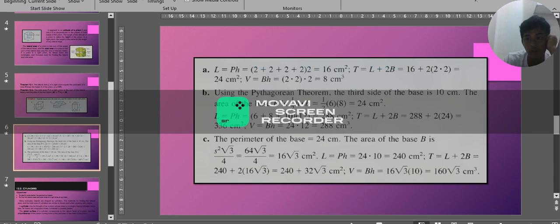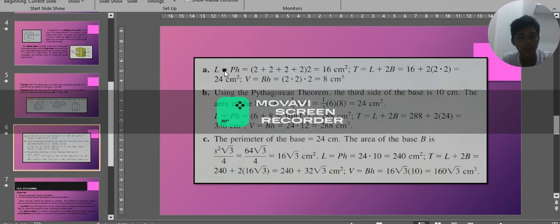So when you look into figure A, somehow it looks like a cube, right? When we're looking for the total surface area of a cube, you need to consider the lateral area first.